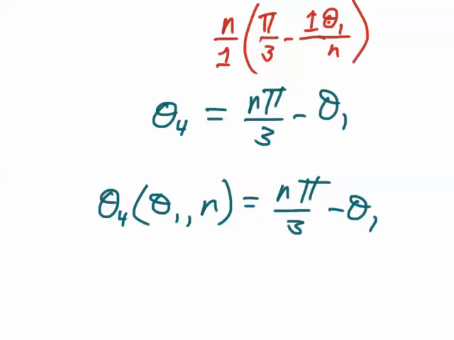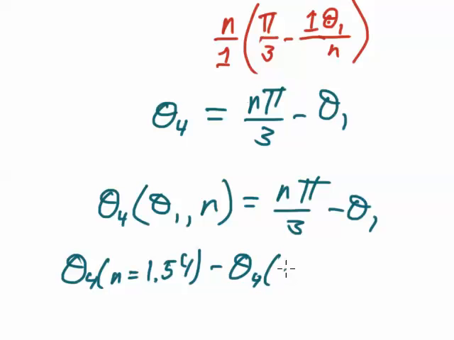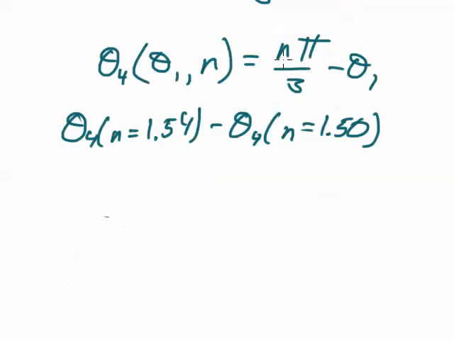And if you want to know how 2 beams split, then you'll go theta 4 with n equals, say, 1.54 minus theta 4 of where n equals 1.50. Subtract those two, and you'll get something independent of theta 1 because it will cancel out.